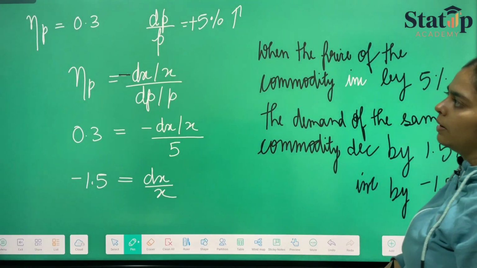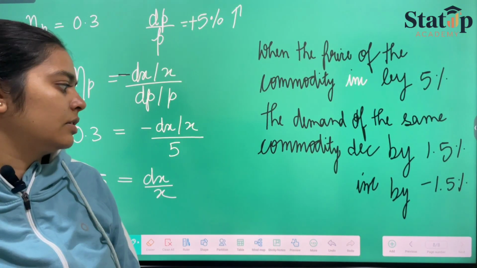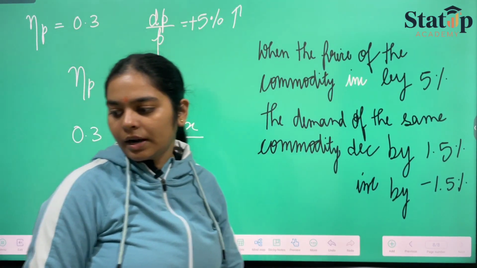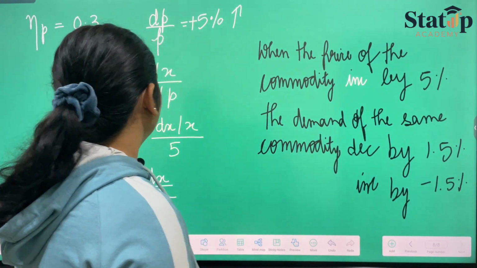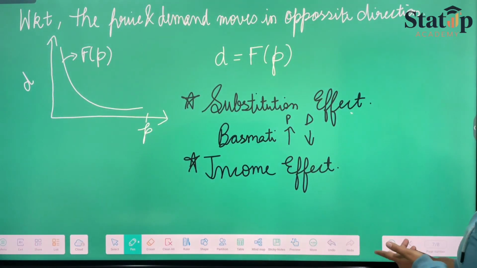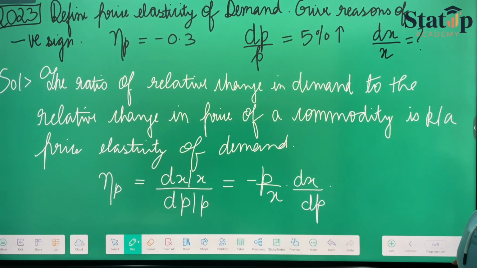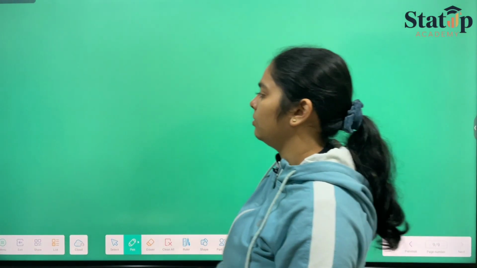Anything you can write. Increases by minus conveys that it decreases. So this is the question, and it was asked for 15 marks in your paper: 5 marks for this, 5 for explaining this, and 5 for explaining this. It was the question that was asked in 2023.